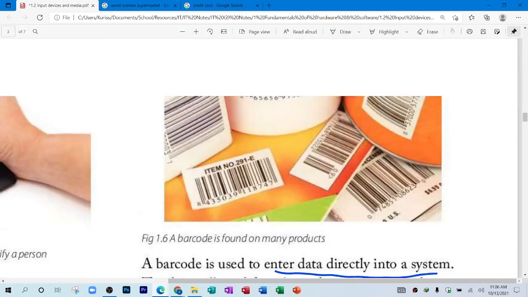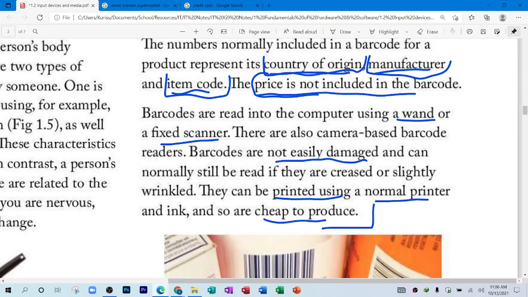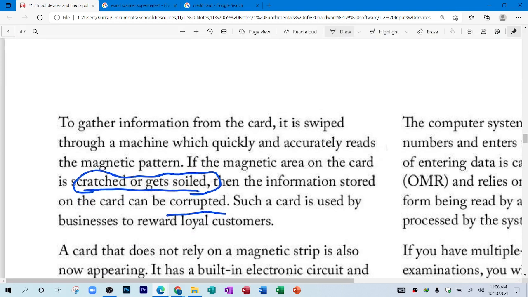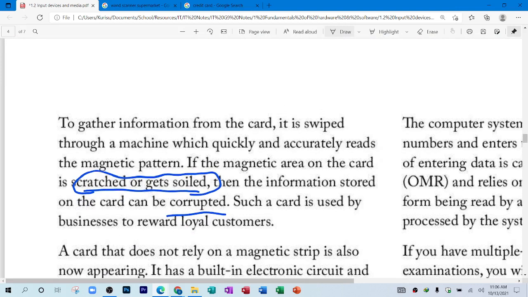Remember, we looked at the barcode: if the barcode is damaged, if you crease it up, if you crumple it up, once we can smooth it out evenly, we can see the bars, and it can still be used. But whereas a smart card, if that area is soiled, scratched up, or damaged, it will corrupt the data on it. So that's the disadvantage here of the smart card.